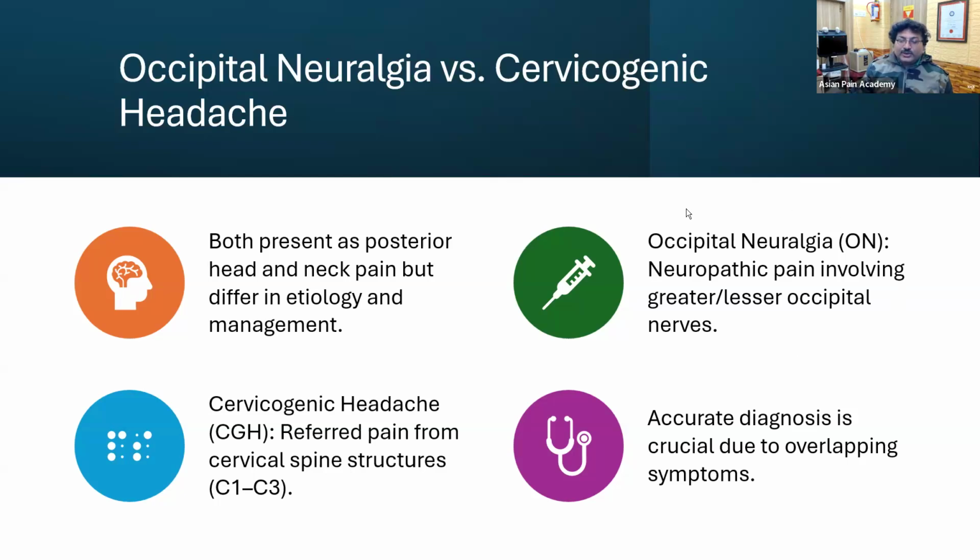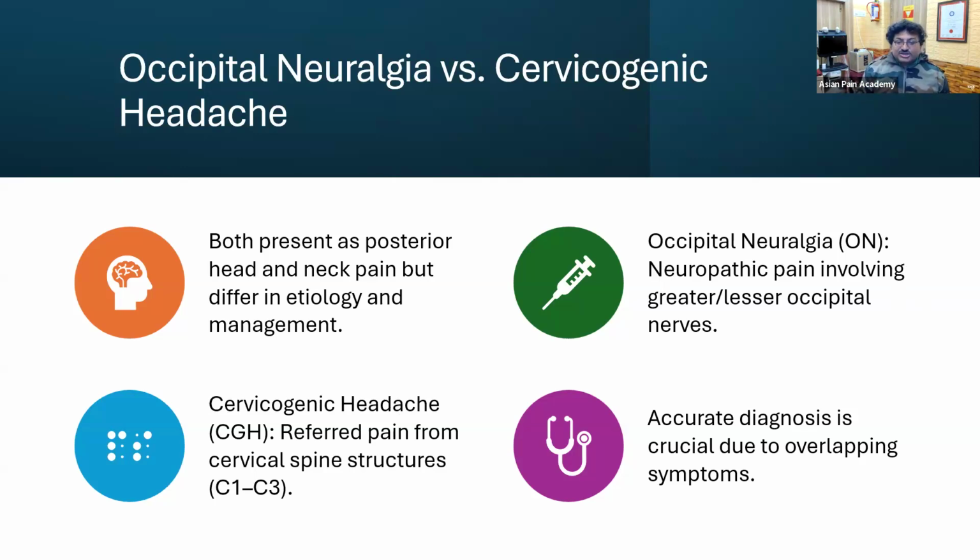Occipital neuralgia is mostly a neuropathic pain involving the greater or lesser occipital nerve, which you all know. The greater occipital nerve goes through a muscular space, rotating down the obliquus capitis inferior and going under the semispinalis capitis. It can be compressed there, or it can be trapped within the trapezius muscle.